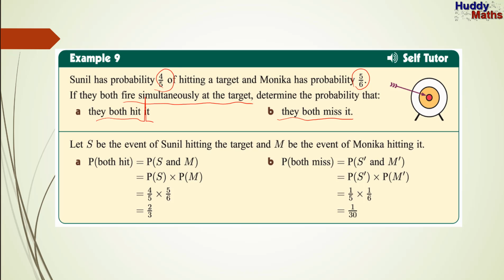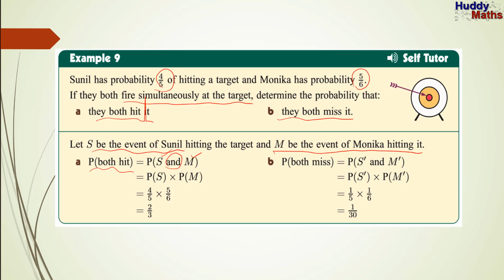So let's do it with the rule. If S is the event of Sunil hitting the target and M of Monica, then the probability of both hit is the probability of S, the hitting of the target by Sunil, and M. Probability of S and M occurring, both of them.